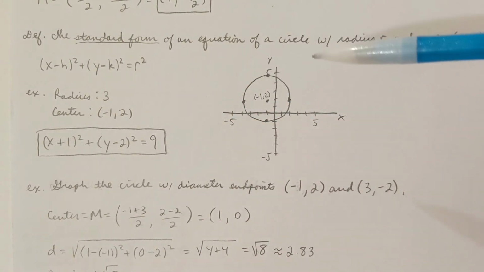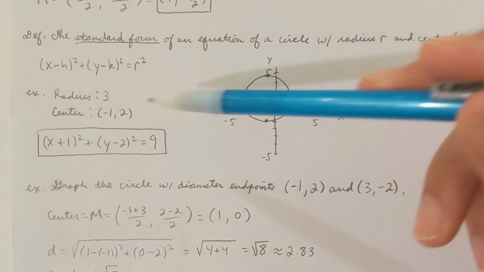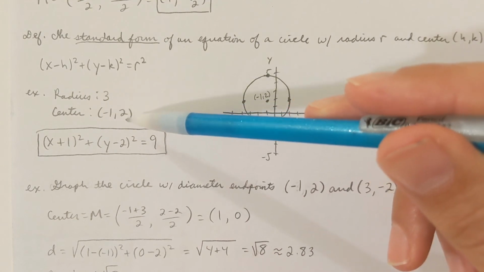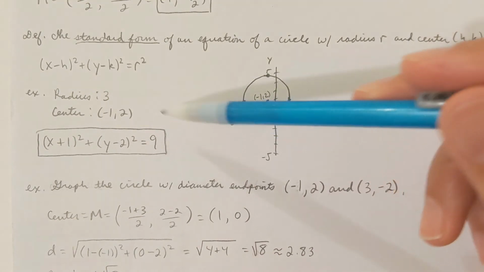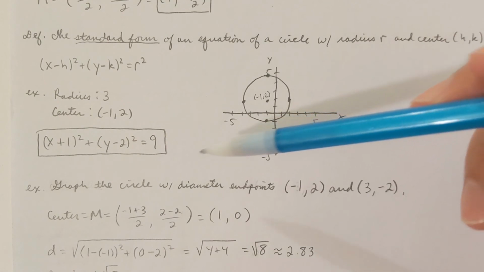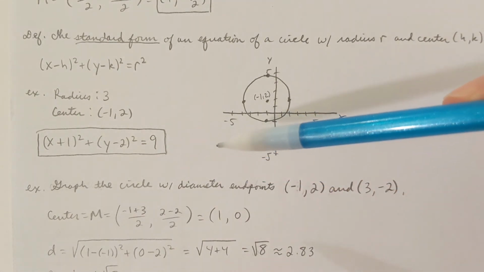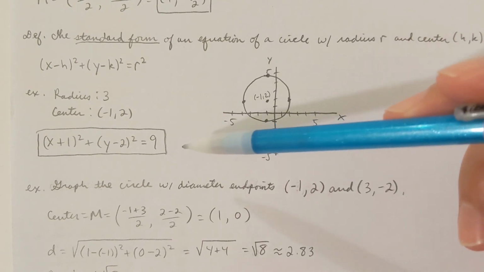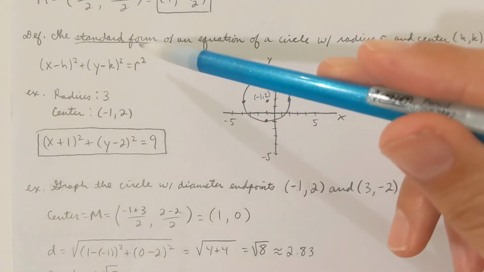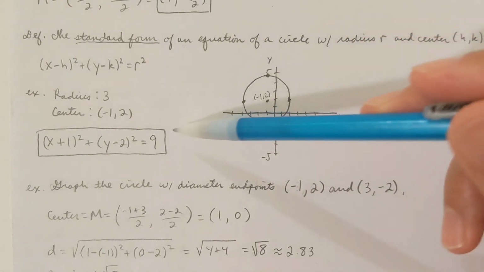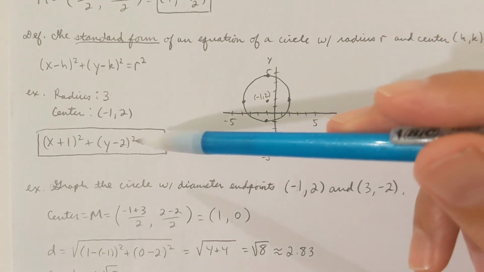Suppose that we have a circle that we want to graph, and the circle has a radius of 3 and a center point at negative 1, 2. Well, in standard form, which is also called center radius form in a couple of books, although most books use standard form as the appropriate form of this equation.